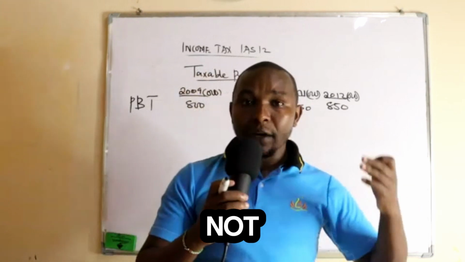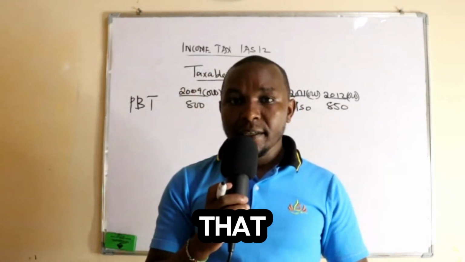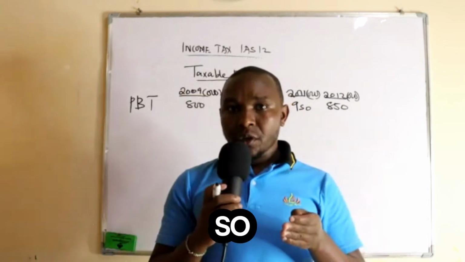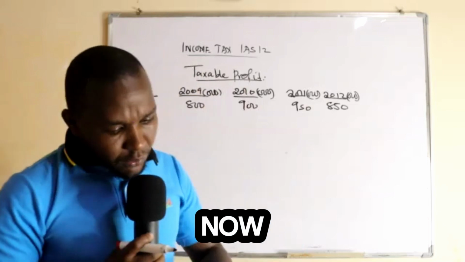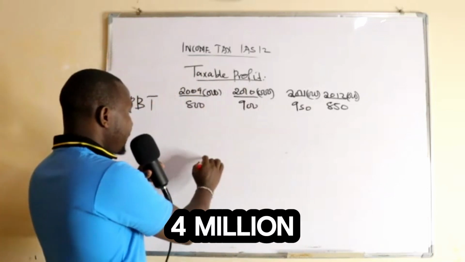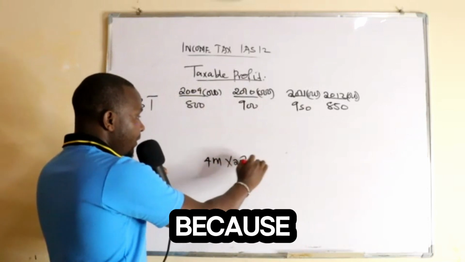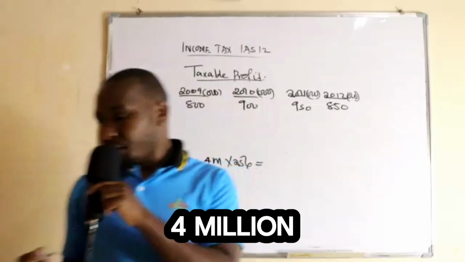The reason why we don't recognize depreciation as allowable expense is that every company uses their own rate of depreciation. So the Kenya Revenue Authority has to come up with a standardized one. So now we get depreciation: you take 4 million times the rate 25%, because we have been told on a straight line basis. So 25% of 4 million.